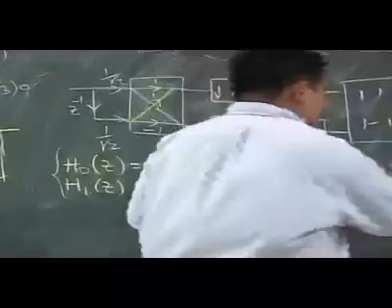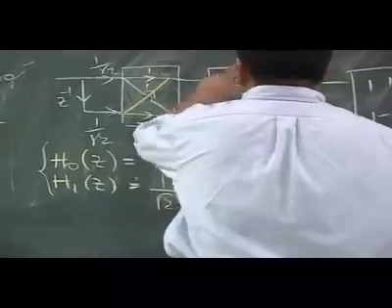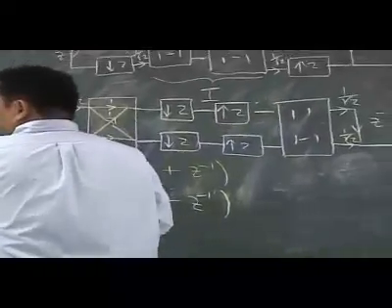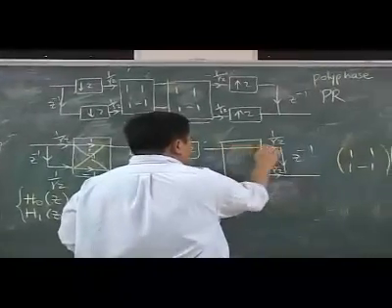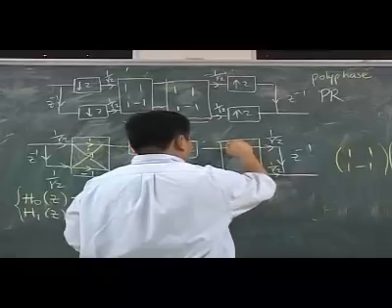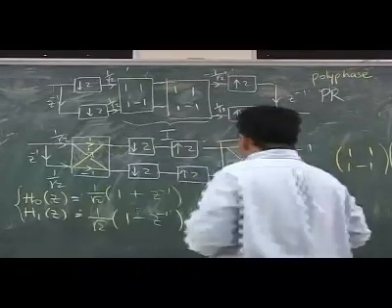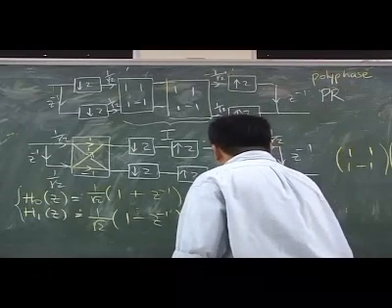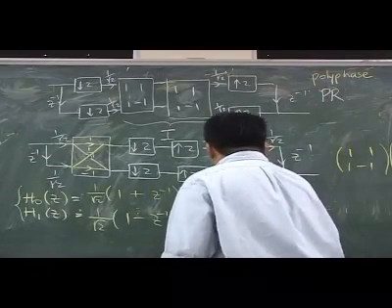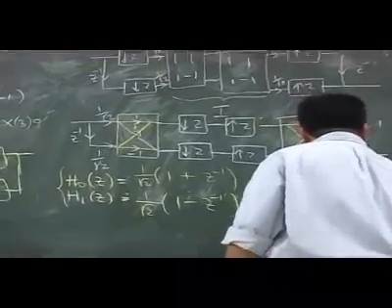How about F naught? F naught, right, is from here to there. I'm going to erase this again and draw this, right? So 1. Okay. What is F naught of Z? And F1 of Z. F1 is square root of 2.